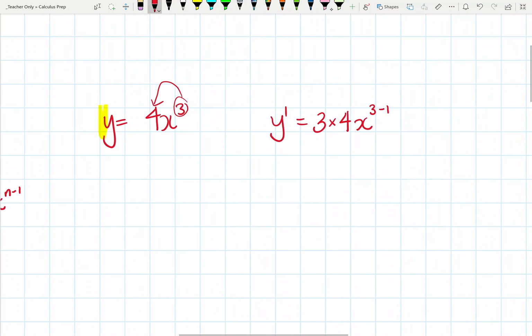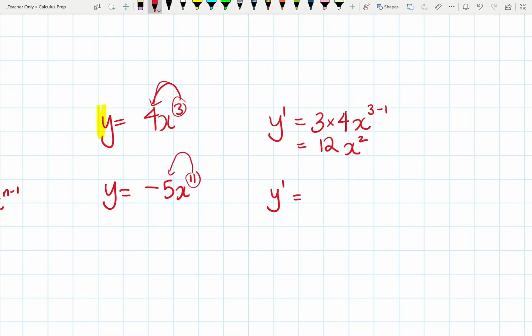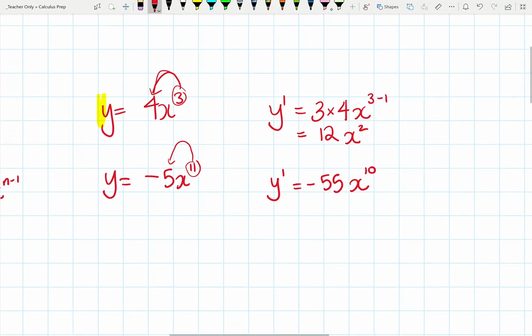With a little bit of practice, you'll be able to do all of that in your head, and you'll simply go 3 times 4 is 12, x, 3 minus 1 is 2, so 12x squared. Let's say we've got y equals minus 5x to the power of 11. The derivative of that is going to be 11 times negative 5 is negative 55x to the power of 11 minus 1 is 10. So that's the basic rule.